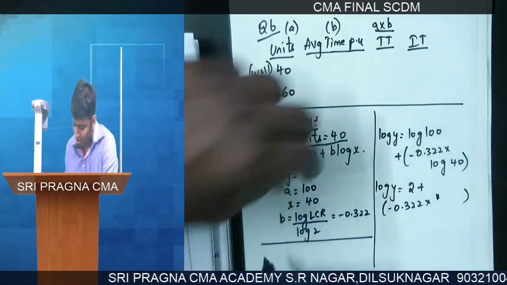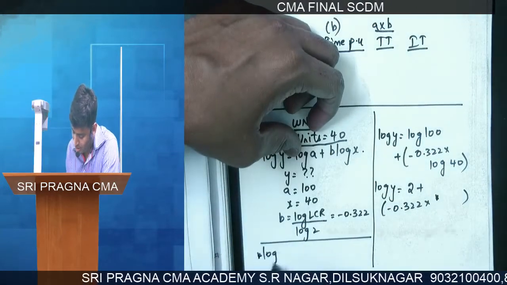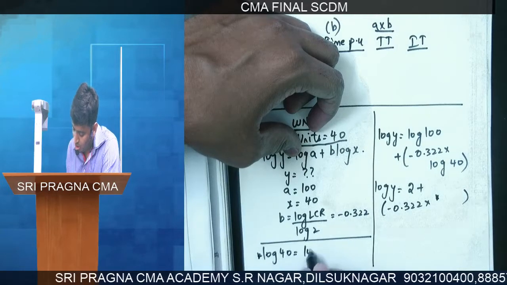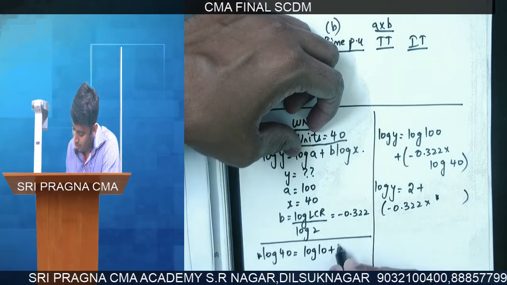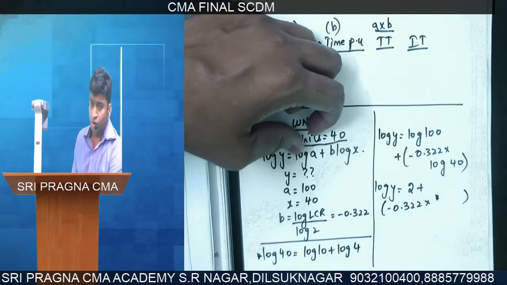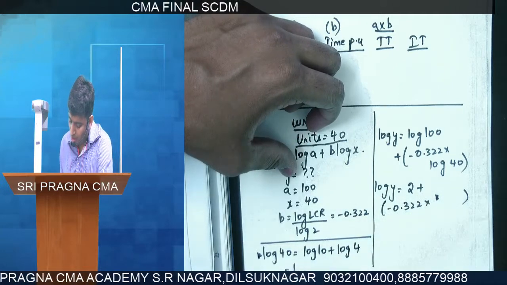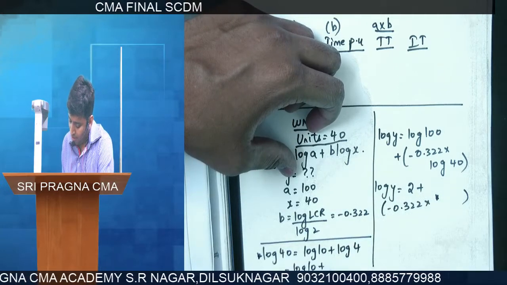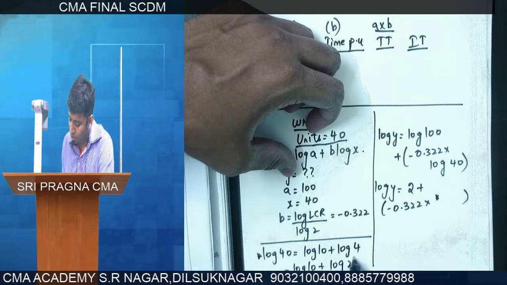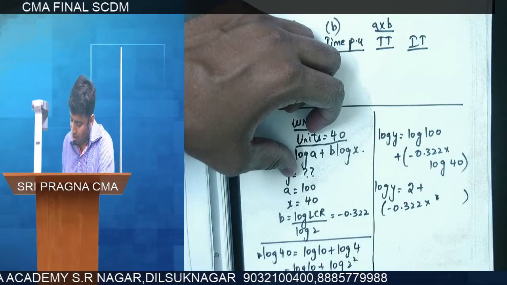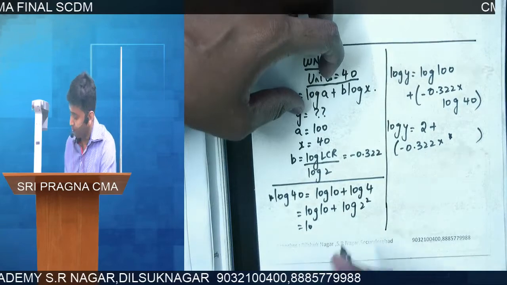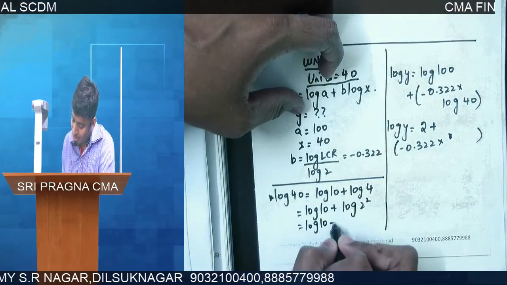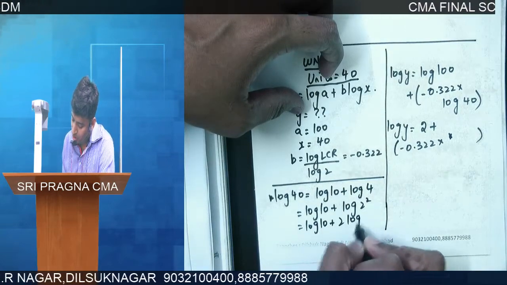Log 40 is equal to log 10 plus log 4, which is log 10 plus log 2 squared, which is log 10 plus 2 log 2.